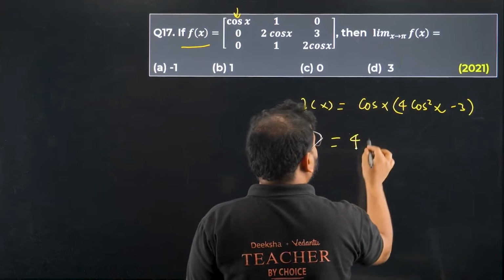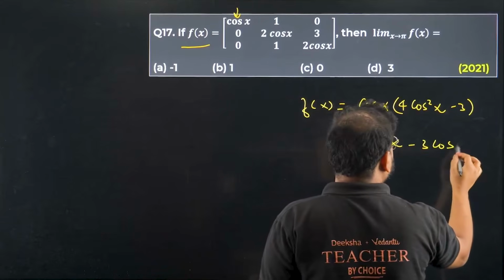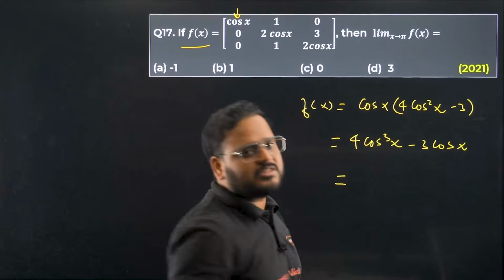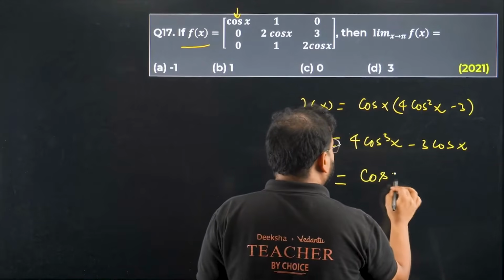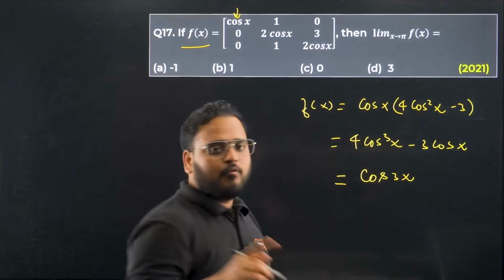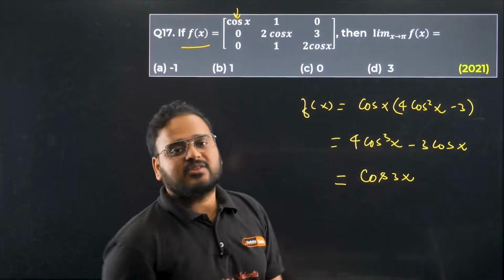Expand again, we are getting here 4 cos cube x minus 3 cos x. If you know the formula, this is the formula of cos 3x. 4 cos cube x minus 3 cos x is nothing but cos 3x.